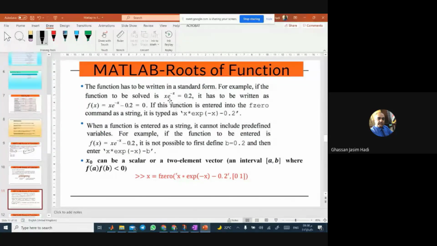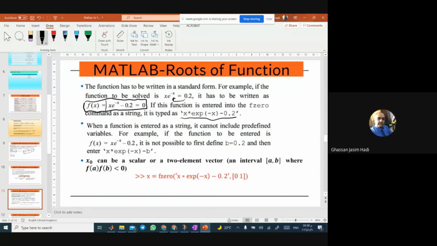We have to write it in this shape, bring 0.2 here, and make it equal zero, and then type the function. How do we input the function?